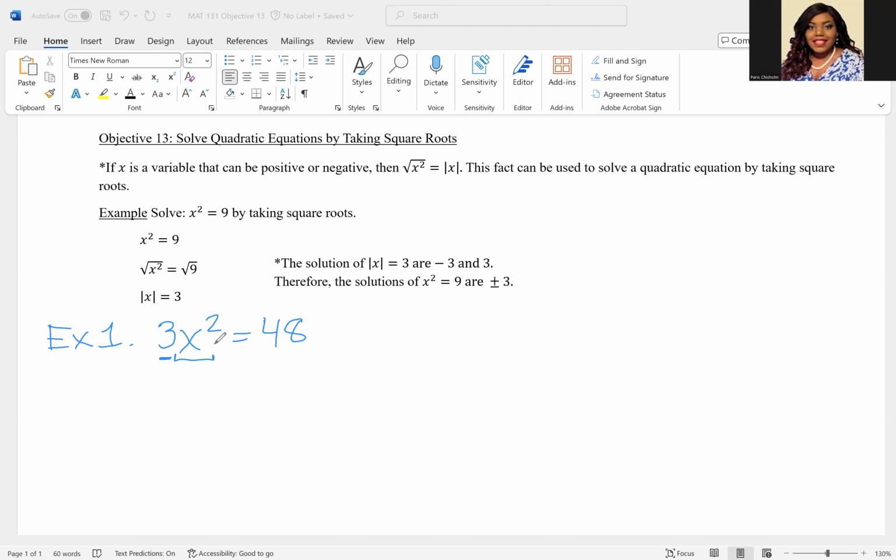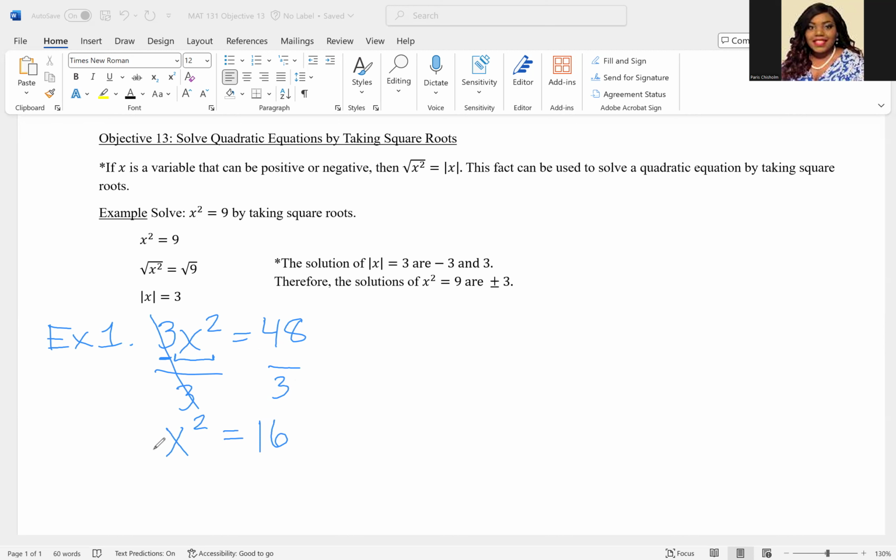So with these problems, we want to try to get whatever is being squared by itself. So first we need to divide everything by 3 to get rid of that 3. We're going to have x squared equals, and 48 divided by 3 is going to be 16, okay?